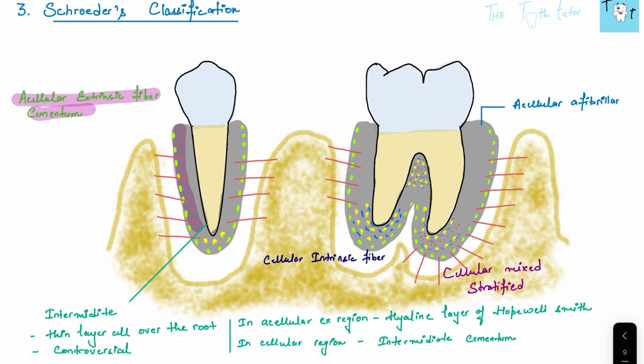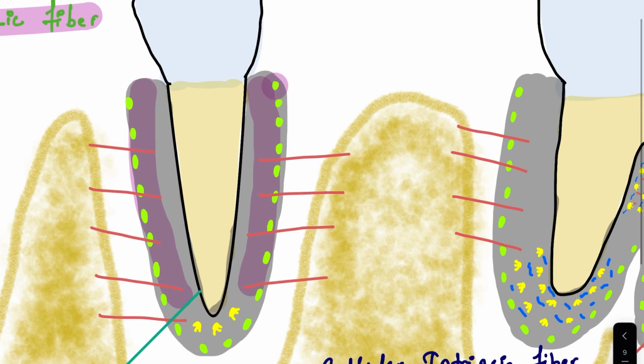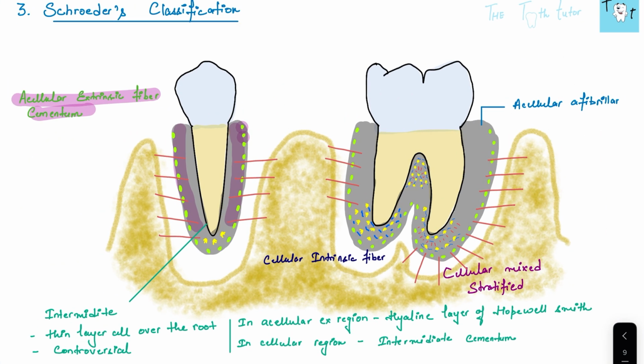Okay. So this entire cementum, it has cementoblasts. They are always present, but it does not have cementocytes, and in terms of fibers, it has only these extrinsic fibers. It does not have these intrinsic fibers. So this is the acellular extrinsic fiber cementum. Now this is about single rooted tooth.